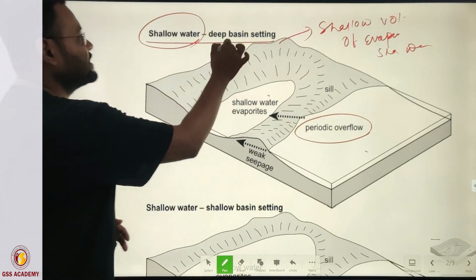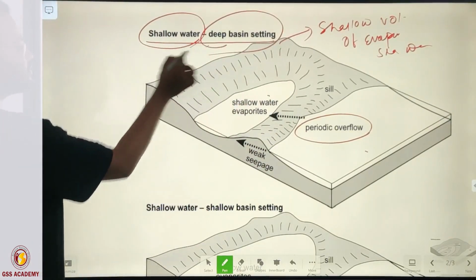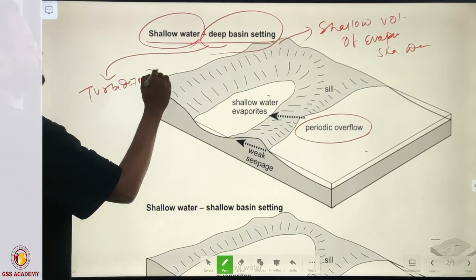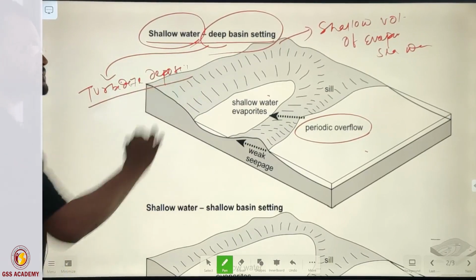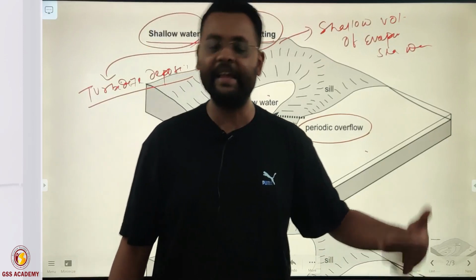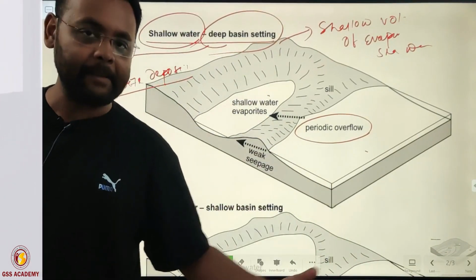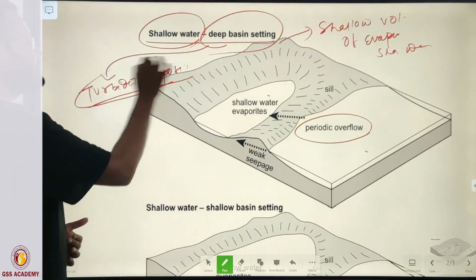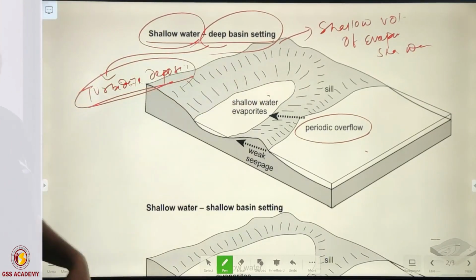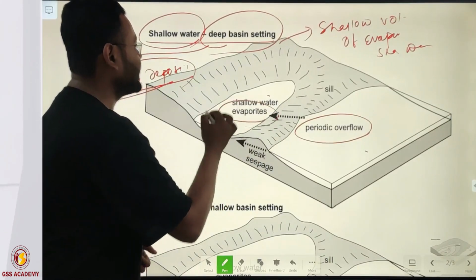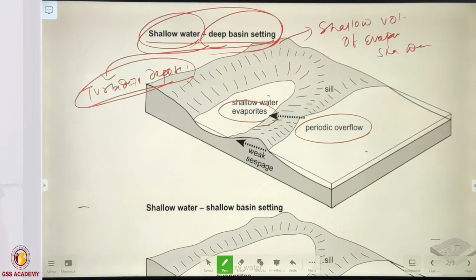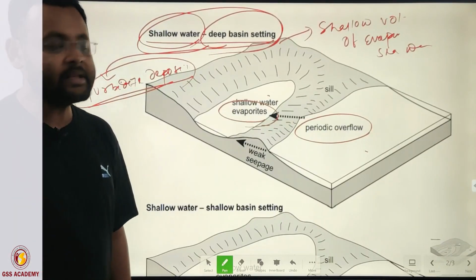Now the evidence of this deep basin setting normally comes from the presence of turbidite deposits, because we all know that turbidite activity is only found in the deep basin setting. Therefore the presence of turbidite deposits within these evaporite deposits is an evidence that these evaporites are normally deposited in a shallow water, deep basin setting.